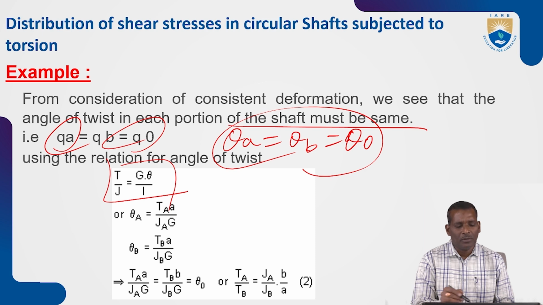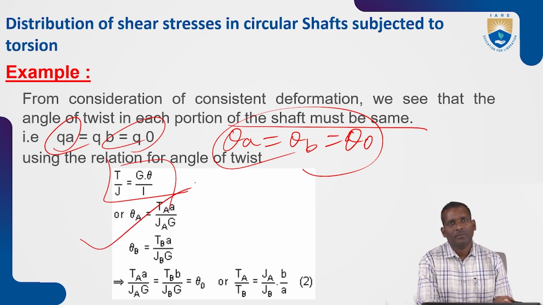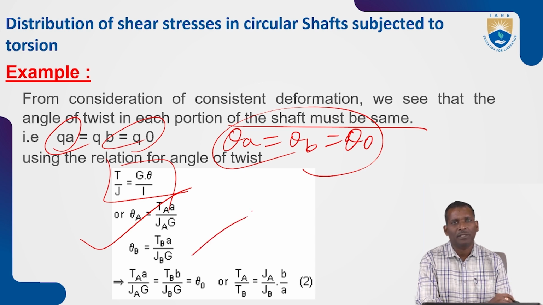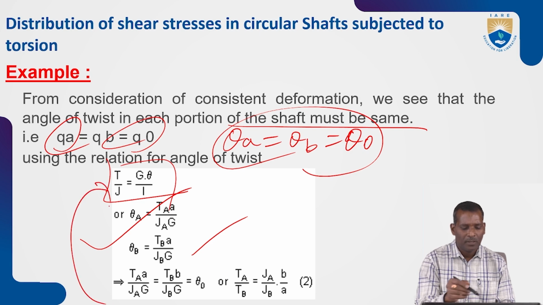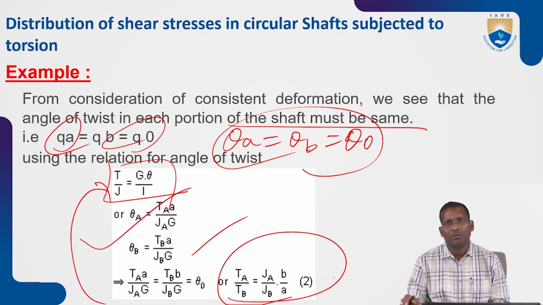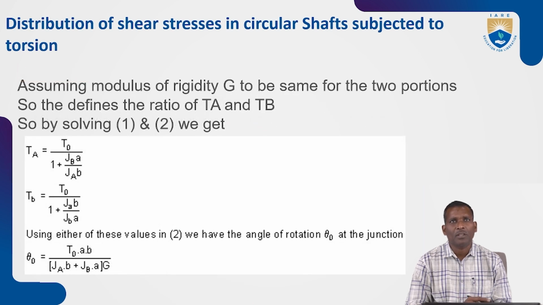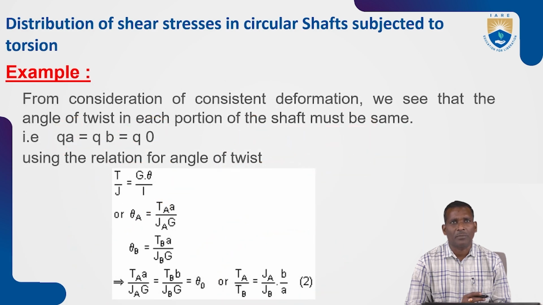So now find theta A, the angle of twist: TA into the distance, theta A is equal to TA a by JA G. Similarly, theta B is equal to TB b by JB G. Compare these two and substitute in this equation. You will get TA by TB is equal to JA by JB into b by a, assuming the modulus of rigidity is the same for the two portions. Why? Because the material is the same.